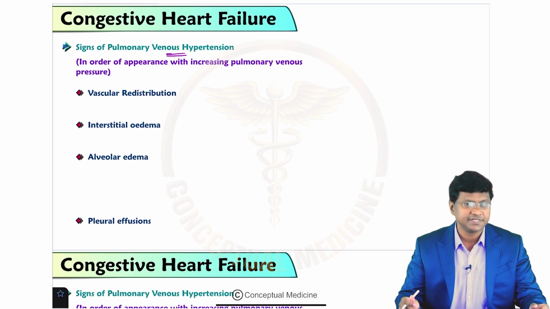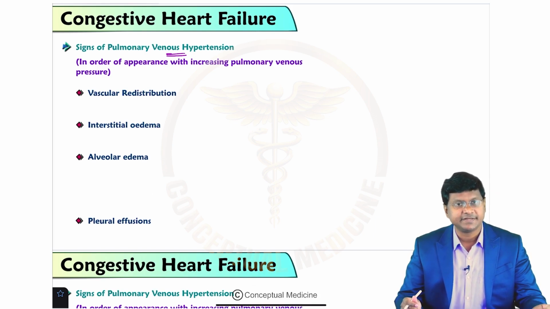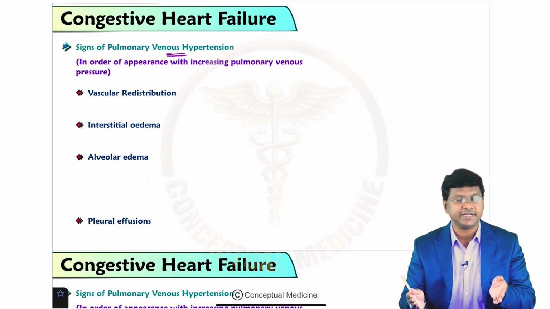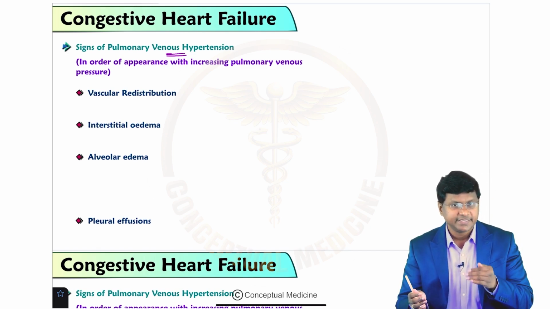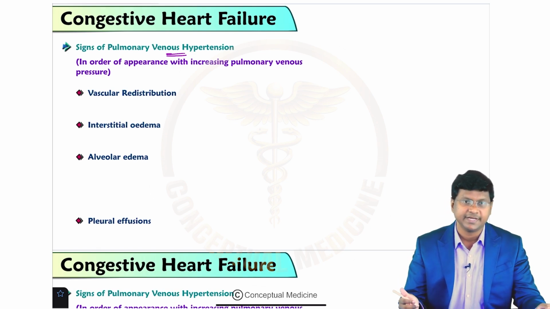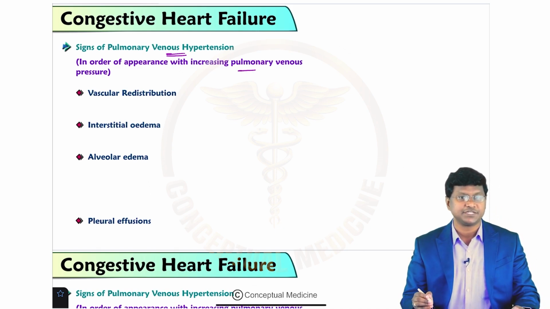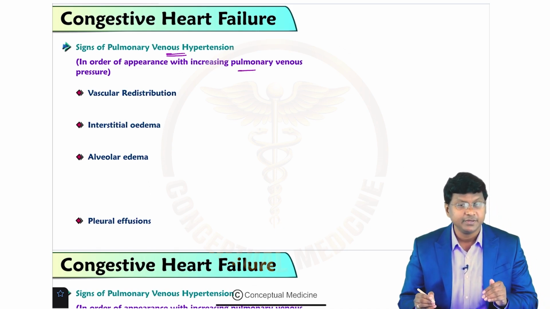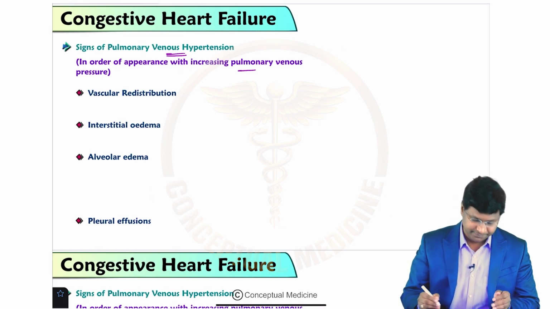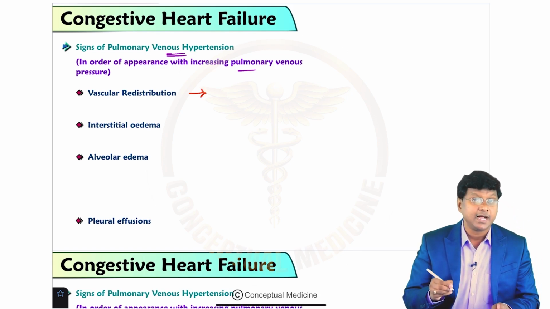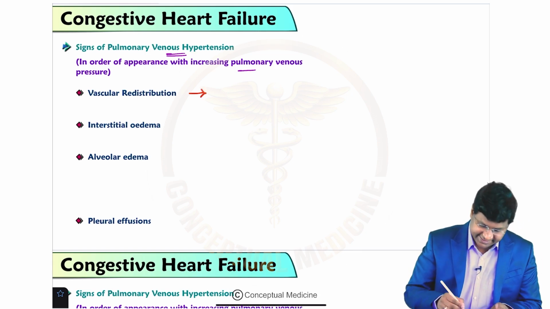So once the pulmonary venous pressure increases, subsequently there will be an increase in pulmonary capillary wedge pressure, and thereby the fluid from the pulmonary capillaries will enter into the lung, resulting in the interstitial edema and then the alveolar edema. So in the order of appearance with increasing pulmonary venous pressure, number one, there will be vascular redistribution, wherein there will be upper lobe venous distension.